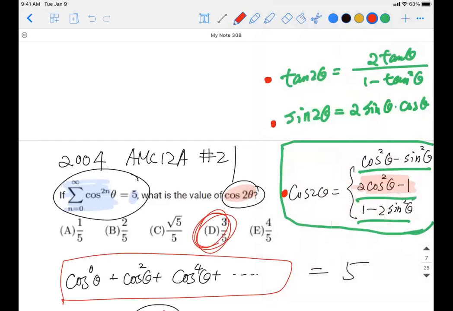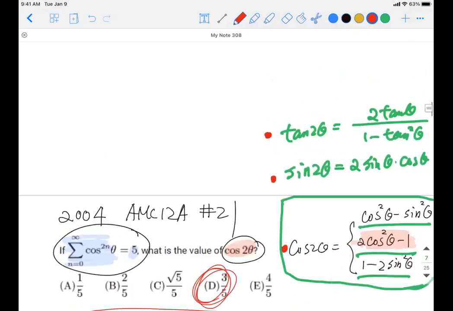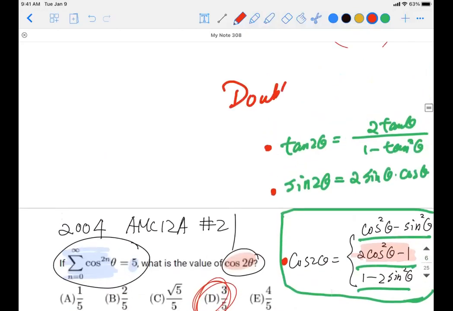Then gradually, you will have more chance to remember them. This is the famous sine, cosine, and tangent double angle formula. So far, so good? I think this is very understandable, right?